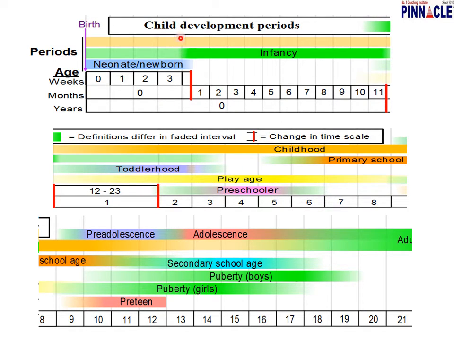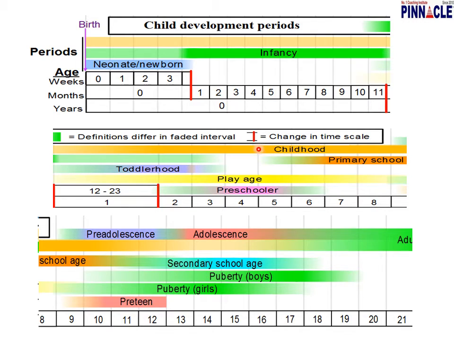Now there are various child development periods. During these periods, for example, this is infancy, the starting period. These are in months, and these are weeks, 3 weeks, newborn. Then this is toddlerhood, and after that it will be preschooler, 2 years to around 6 years. After preschool, he goes to primary school.